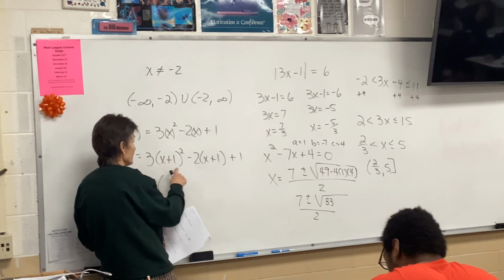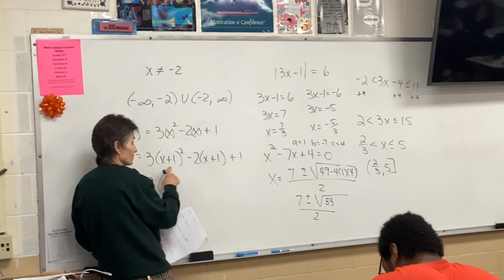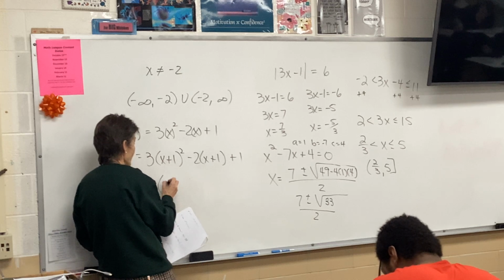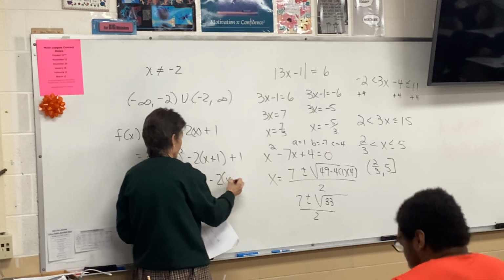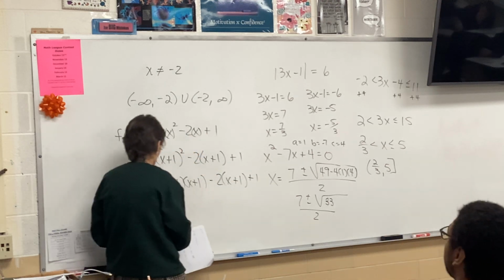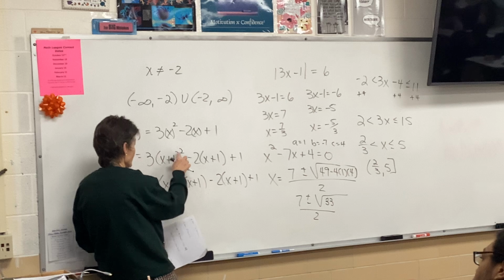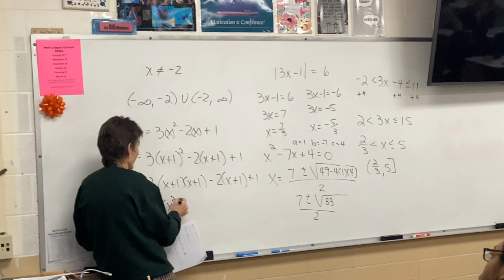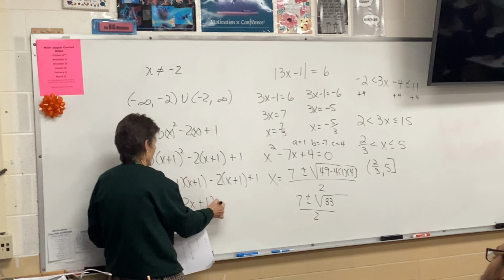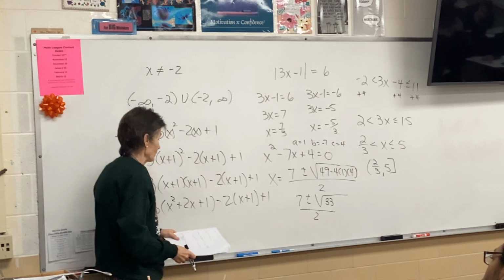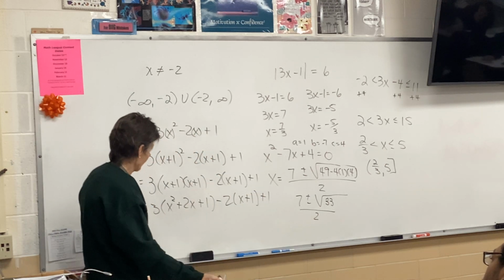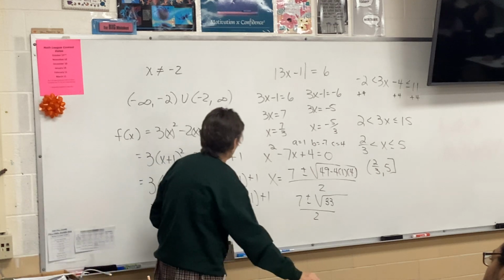This is a FOIL. So I have to do x plus 1 times x plus 1, and I do that first. I do exponents first. So x squared plus 2x plus 1. And then what?